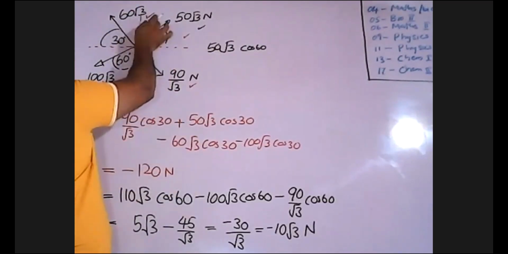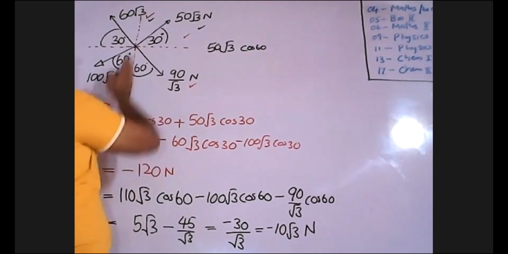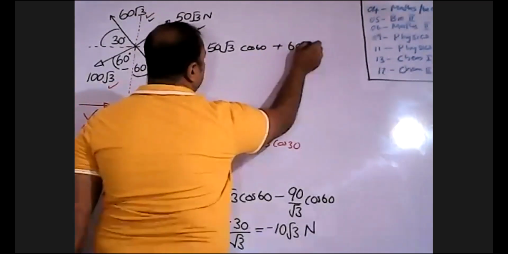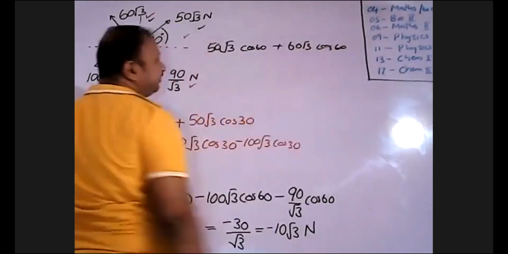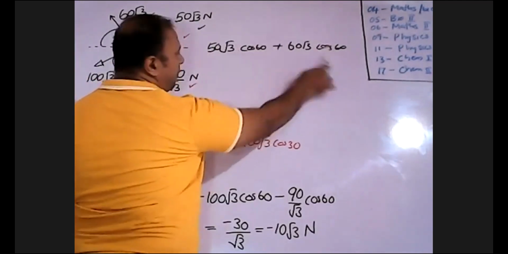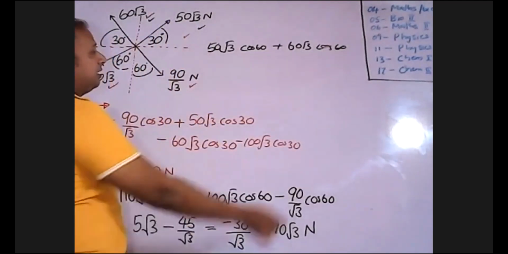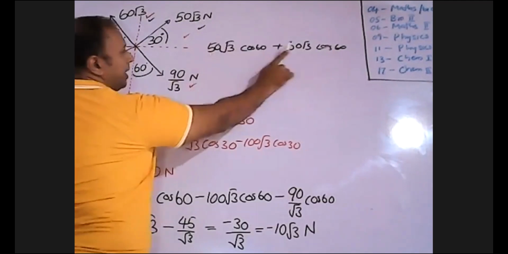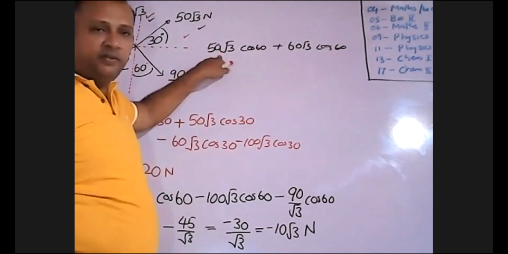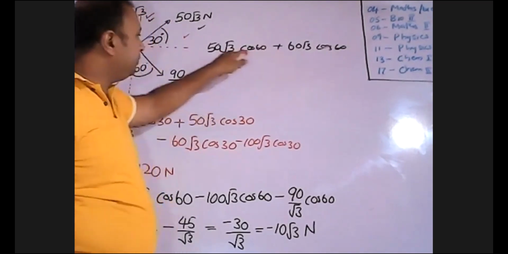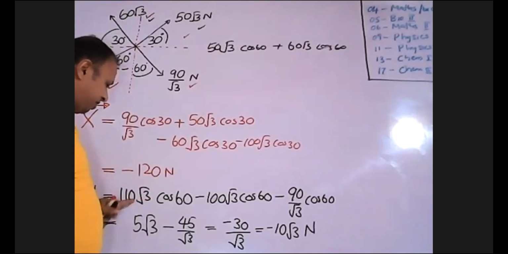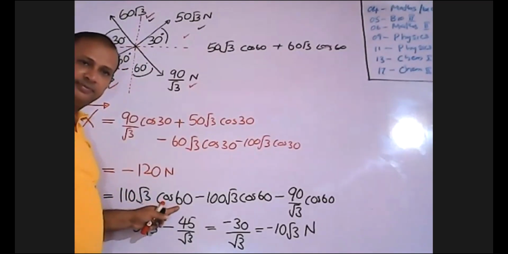Then if you resolve this component, it is also in the upward direction, it is plus 60 root 3 cos 60. Look at this. Cos 60 is common for both terms. Therefore, you can add these two coefficients, 50 root 3 and 60 root 3. That means 110 root 3 cos 60.